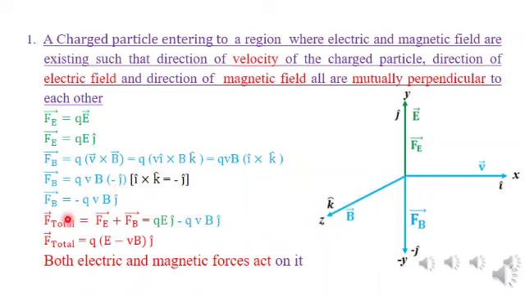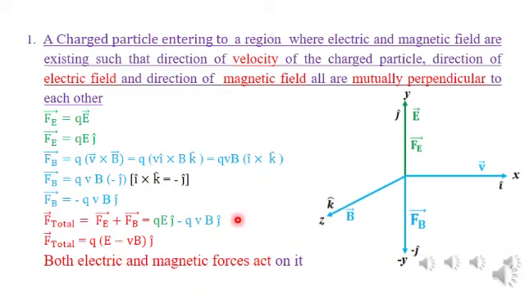Then the total force on this charged particle is the sum of the above two forces. So vector F_total equals vector F_E plus vector F_B. After placing the expressions of electric as well as magnetic force, vector F_total equals QE j cap minus QVB j cap.